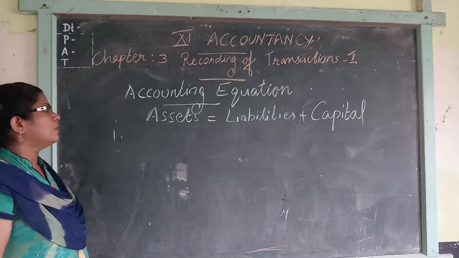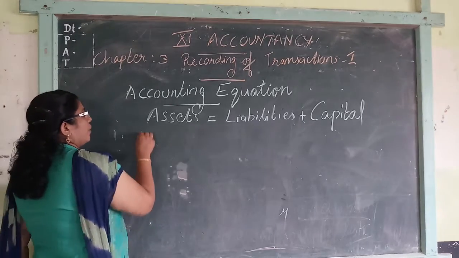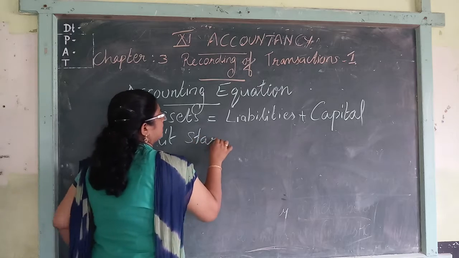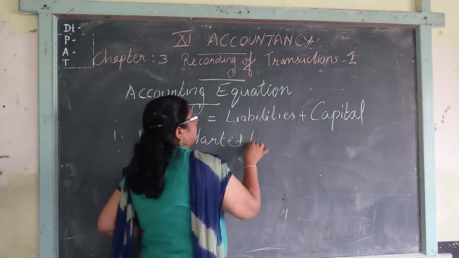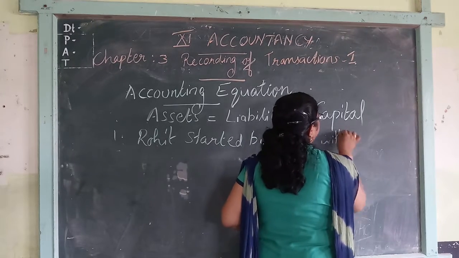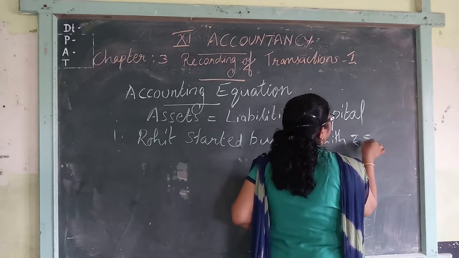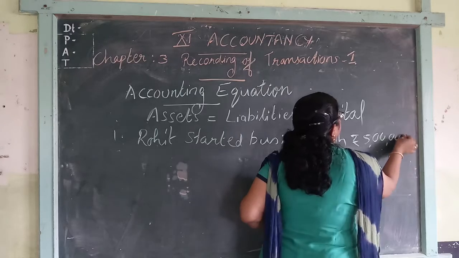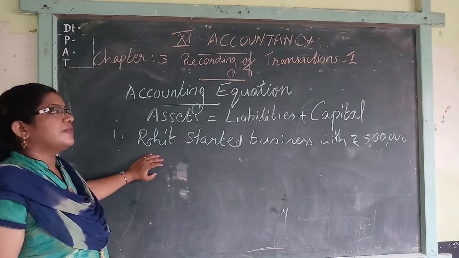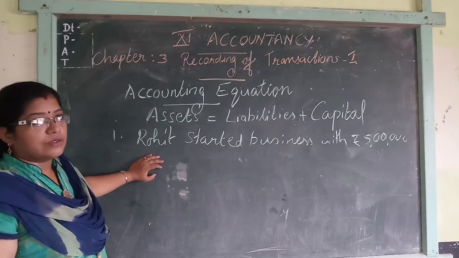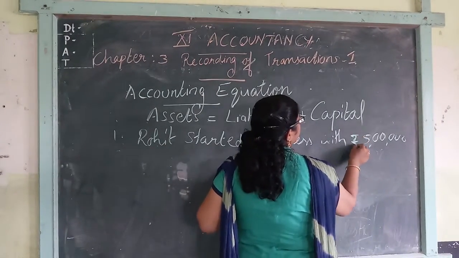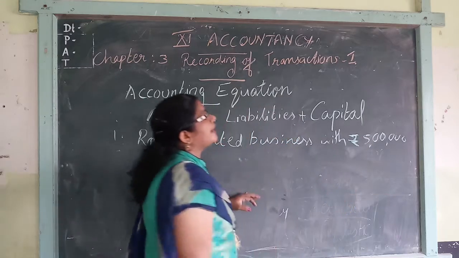One question is there, that is Rohit. Rohit started business with rupees 5 lakh. Here, what is the amount he contributed? Rupees 5 lakh.